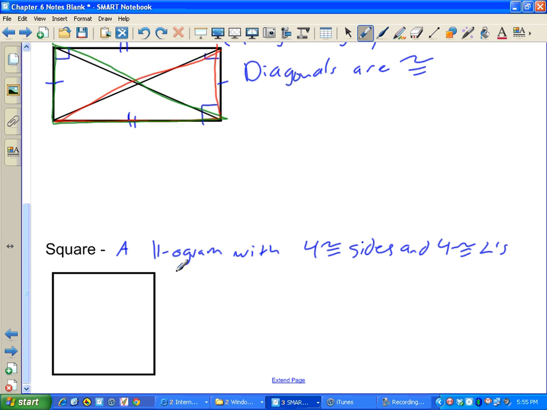So what it really is is a regular quadrilateral, because it's equilateral and equiangular. A square gets all the properties of the above shapes.